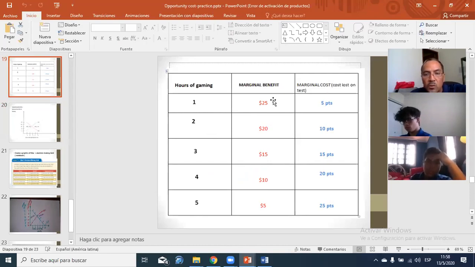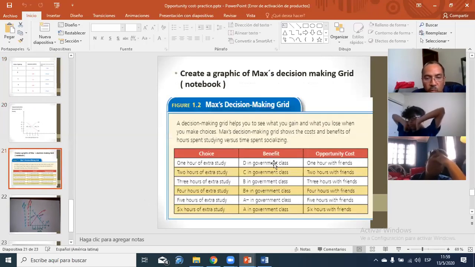Over here it is decreasing, and over here it is raising. But over here is difficult. Why? Because we use letters. So we have to be very tricky in the moment of creating this chart.